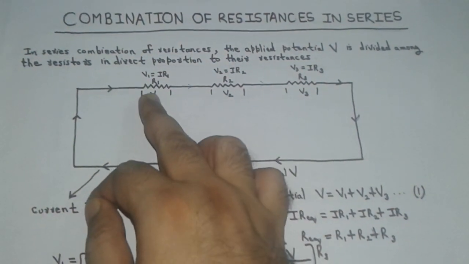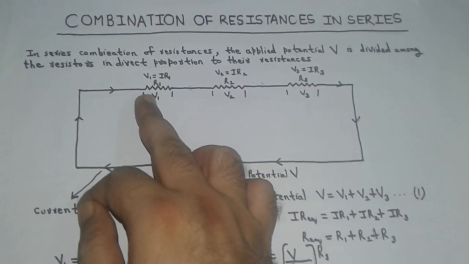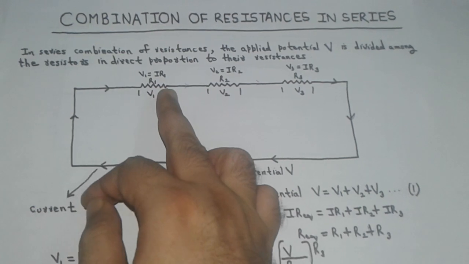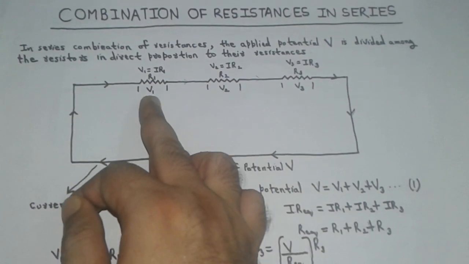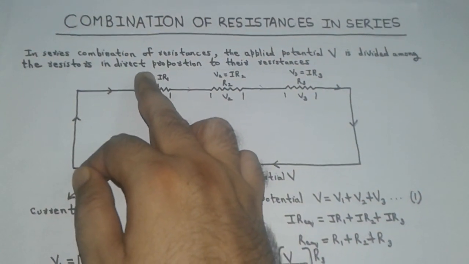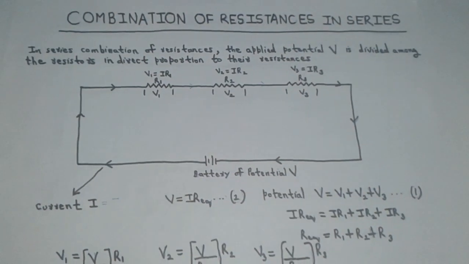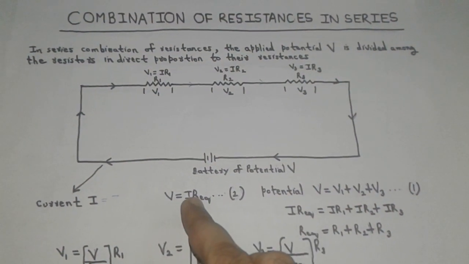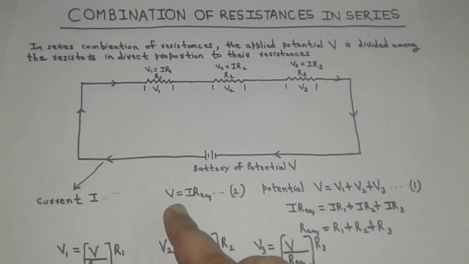To determine the magnitude of potential drop across resistor with resistance R1, which is V1, from Ohm's law, V1 is equal to I R1. From equation 2, I can be written as V upon R equivalent.